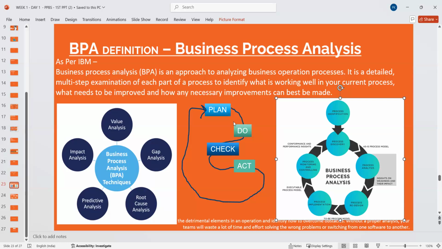As per IBM, business process analysis (BPA) is an approach to analyzing business operation processes.